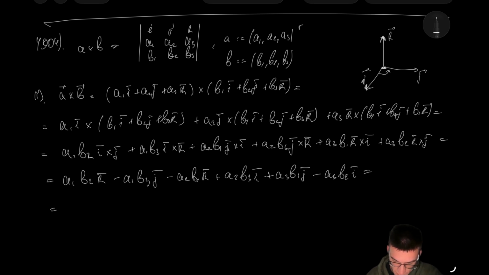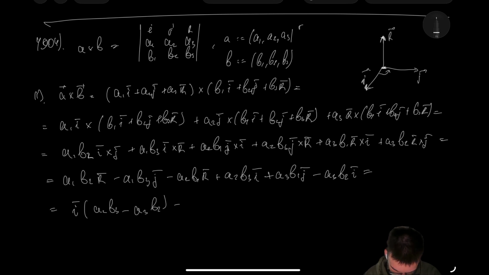So we can now factor out these terms. Let's factor out i. We're going to get a2 b3 minus a3 b2. Now let's factor out j.